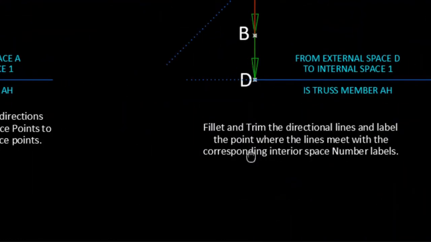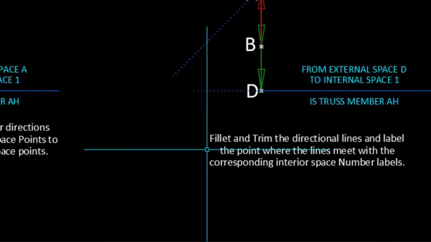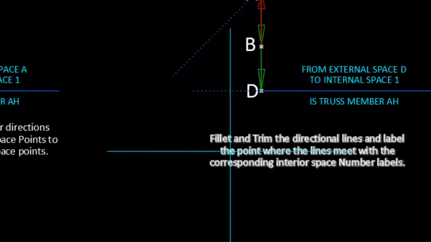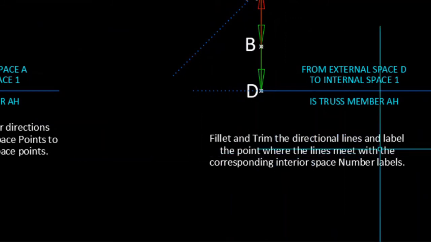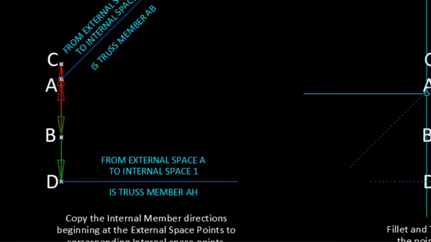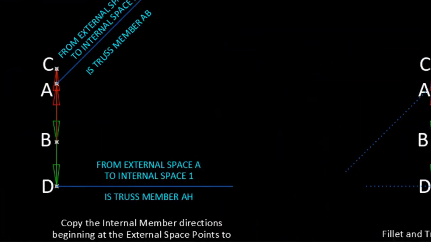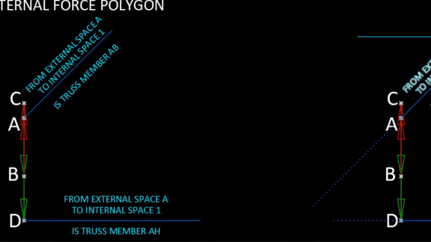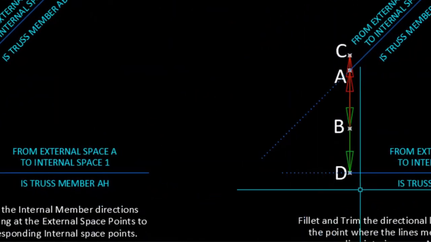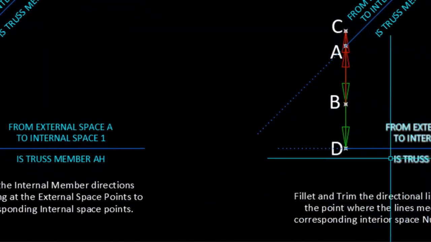The way we find the internal points is that we fillet and trim the directional lines and label the points where the lines meet with the corresponding interior space numbers. So here, from space A to space 1 is this line direction. From space D to space 1 is this line direction.